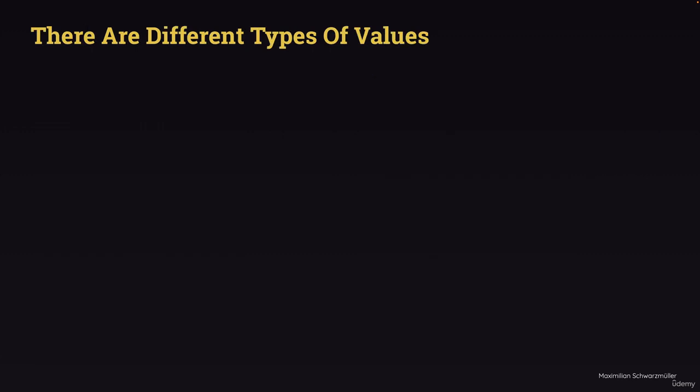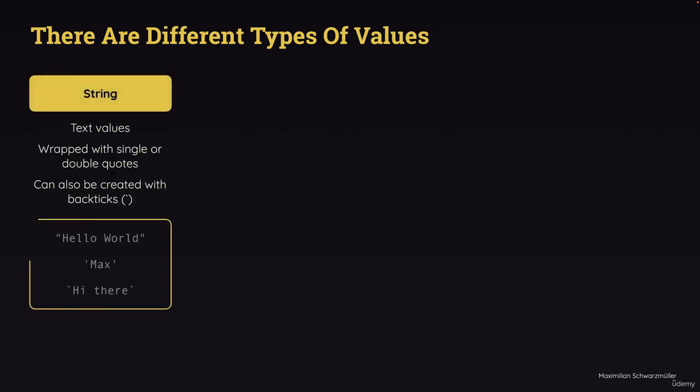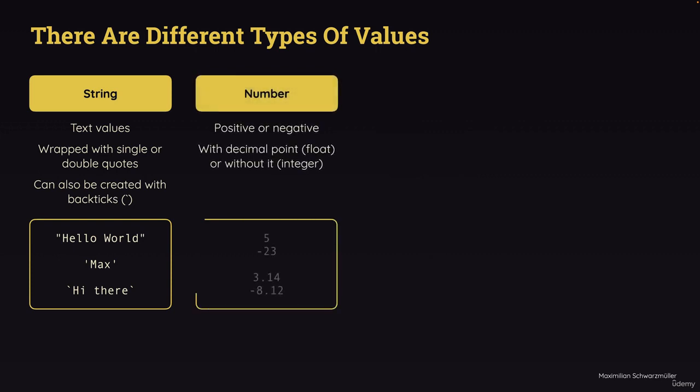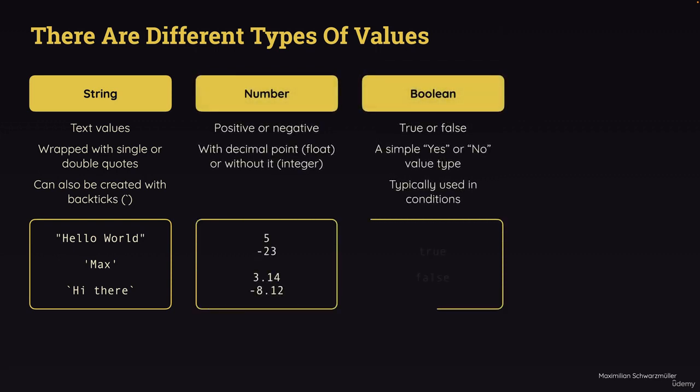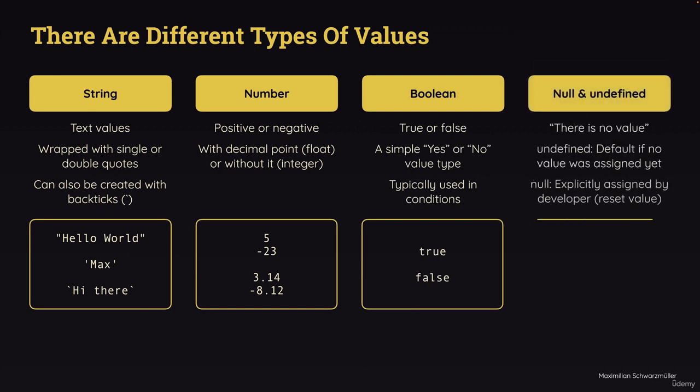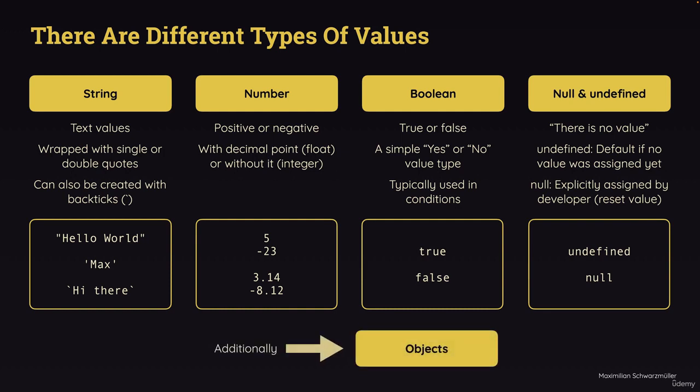And in your JavaScript code, you can therefore handle a broad variety of values. Most importantly, strings, numbers, booleans, the special null and undefined values, which simply mean that a certain data container, a certain variable, doesn't contain any values yet, and also the special object value, to which I'll get back later.